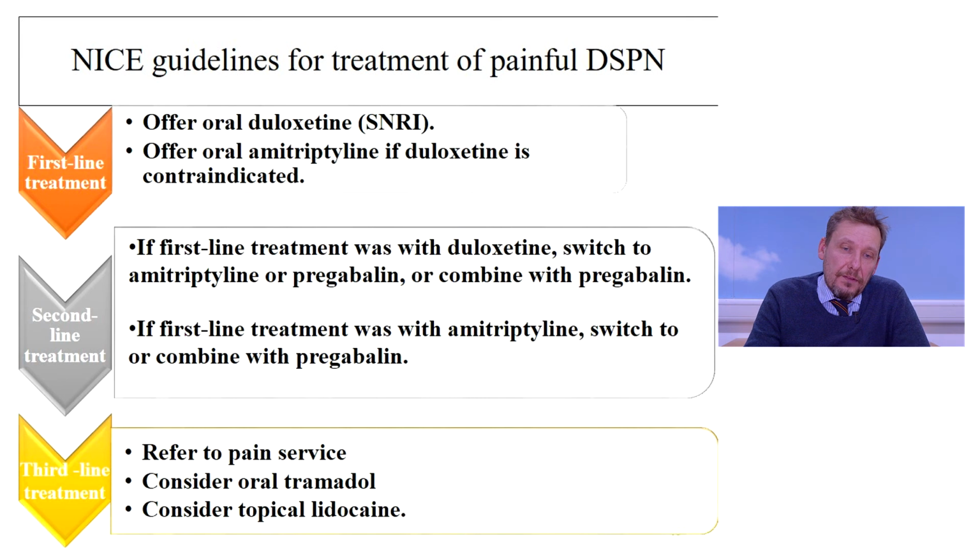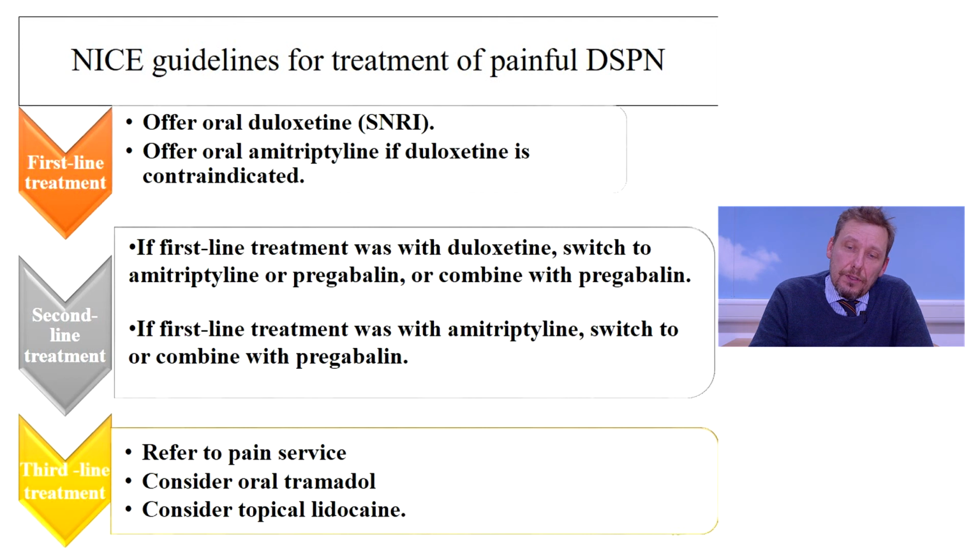In the UK, we have a nice National Institute of Clinical Excellence guidance for the treatment of painful DSPN. First-line treatment now is the SNRI duloxetine, essentially because it's associated with fewer side effects than amitriptyline. Amitriptyline is now more confined to second or third line therapy.